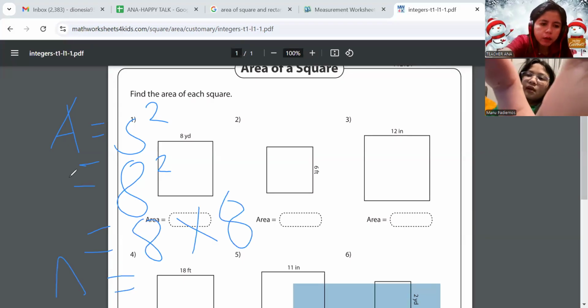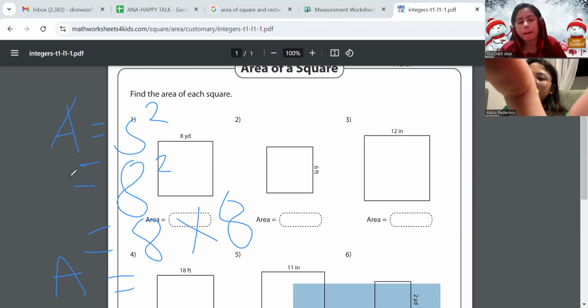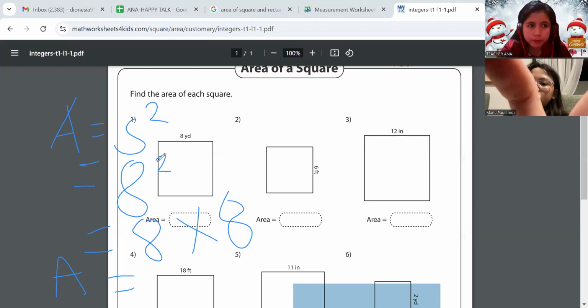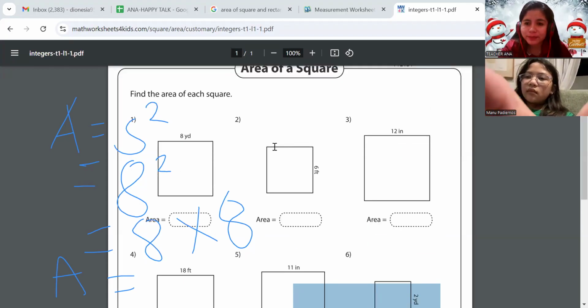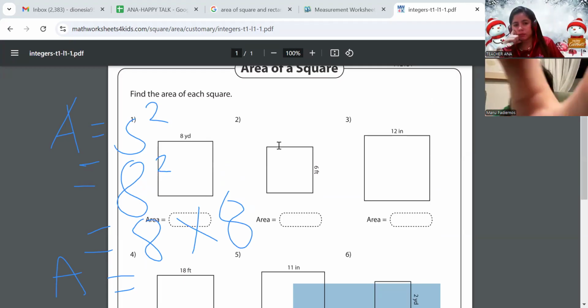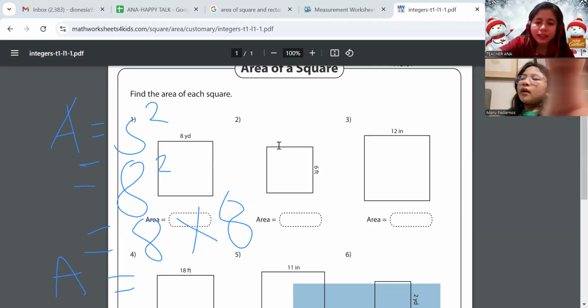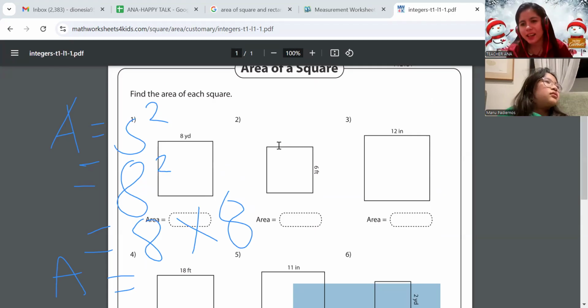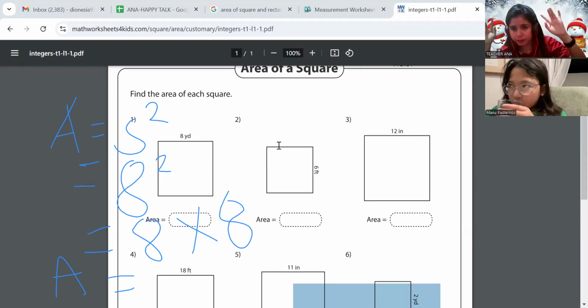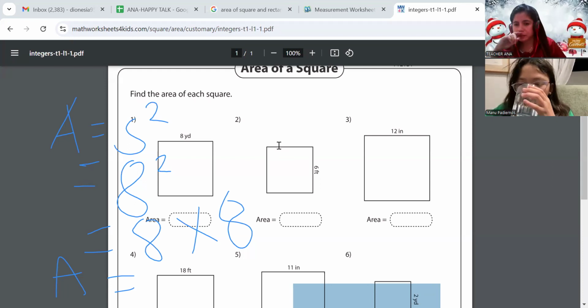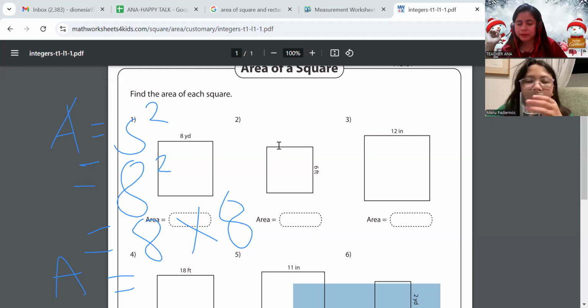So area is equal to, what is 8 times 8, Mano? 64.